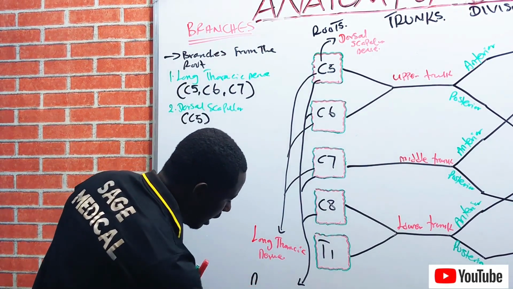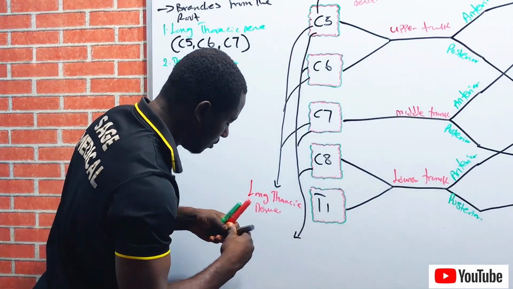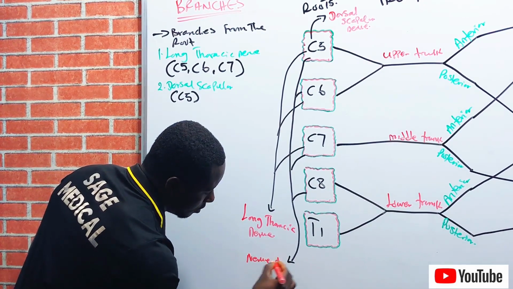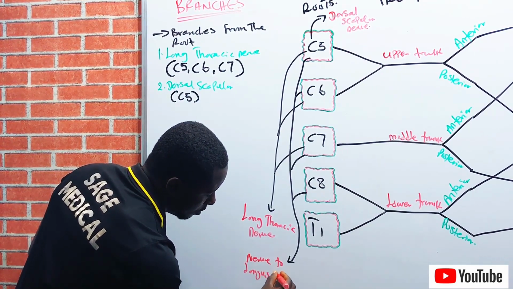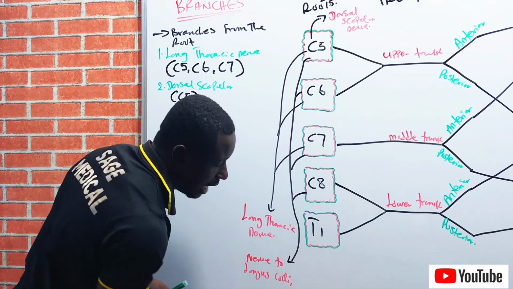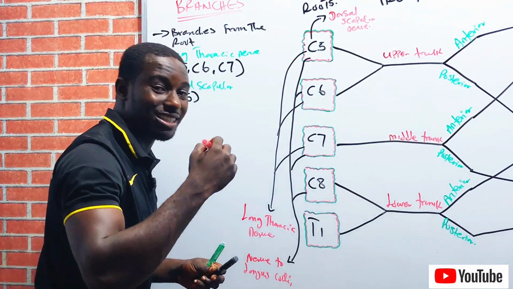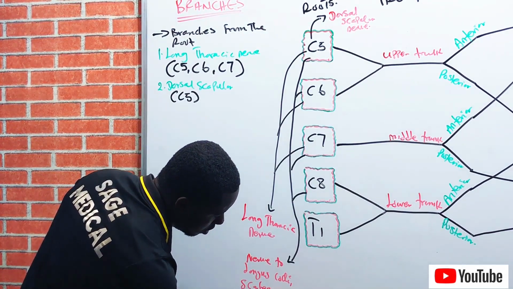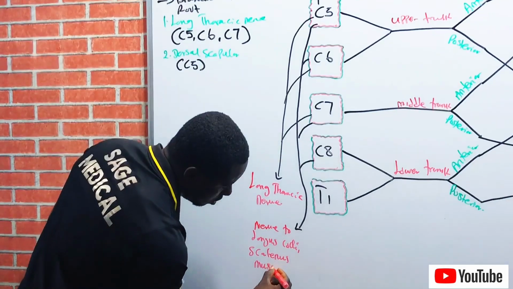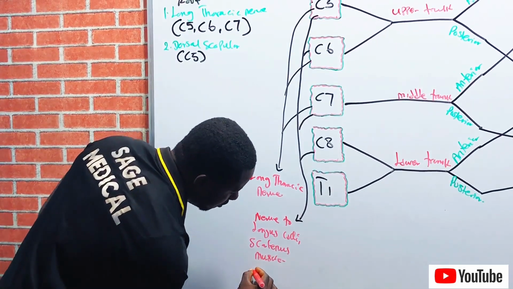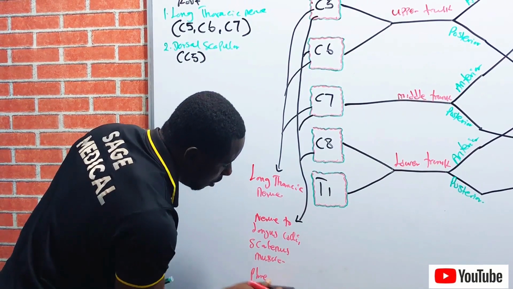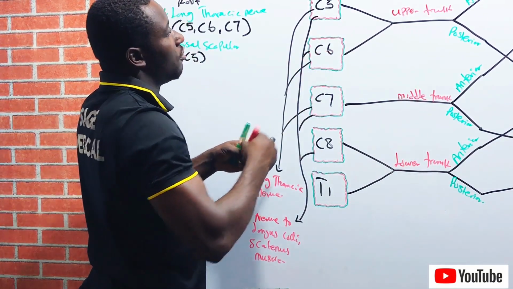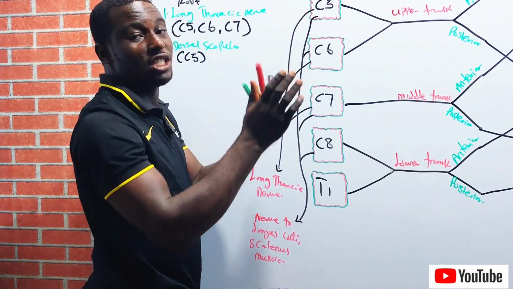Then we have the nerve to scalenus muscle, and the phrenic nerve.